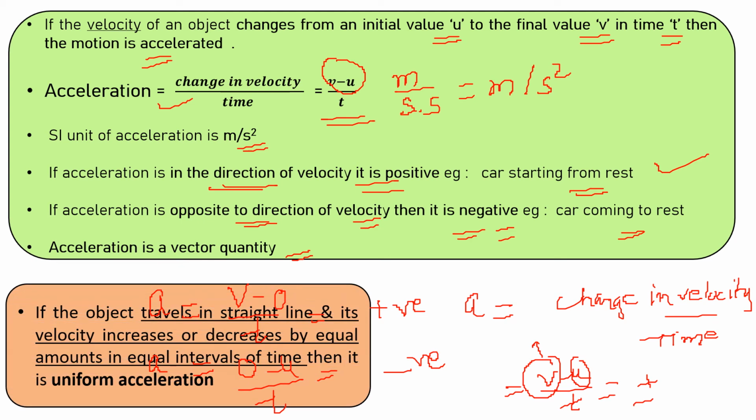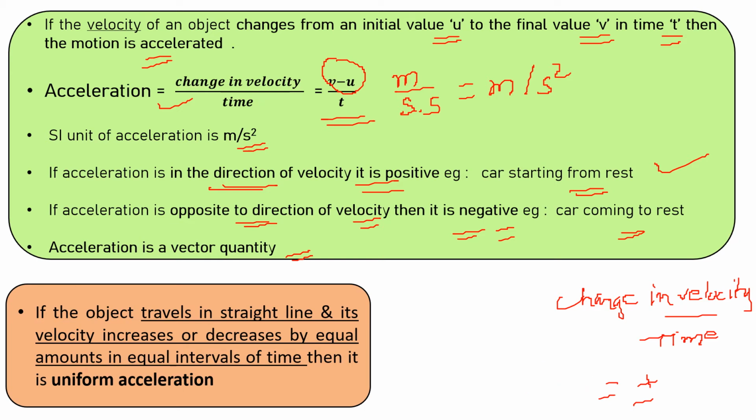Now there are types of acceleration: uniform acceleration and non-uniform acceleration. Uniform means what? If the object travels in a straight line and its velocity increases or decreases by equal amounts in equal intervals of time, then it is uniform acceleration.